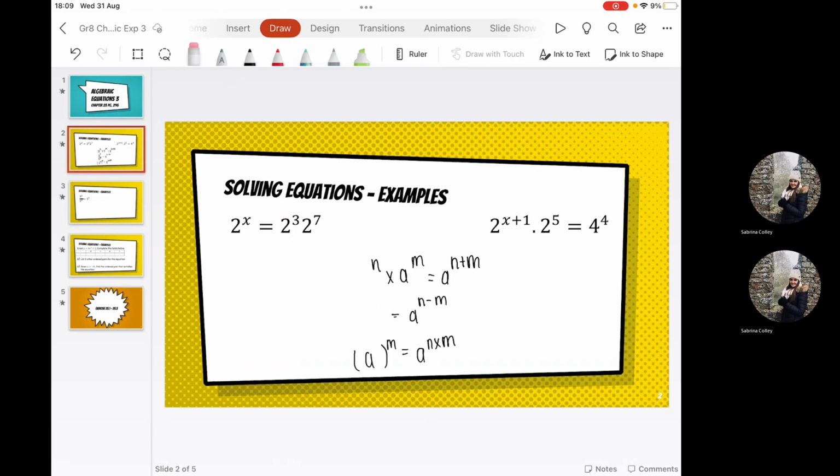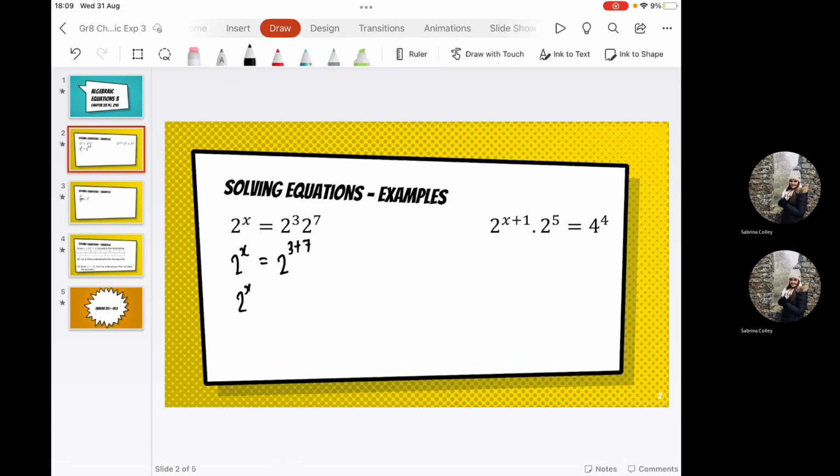Okay, so those are just a few. It's always good to revise your exponential laws, so we're going to apply them here. With this first example, I'm first going to apply my exponential laws, and then I'll solve for x. I know 2 to the power of x I leave as is. But on this side, because my bases are the same, I can add the exponents, so it will be 3 plus 7.